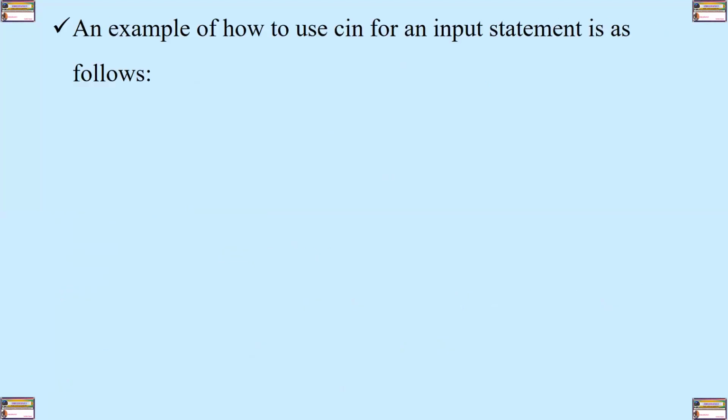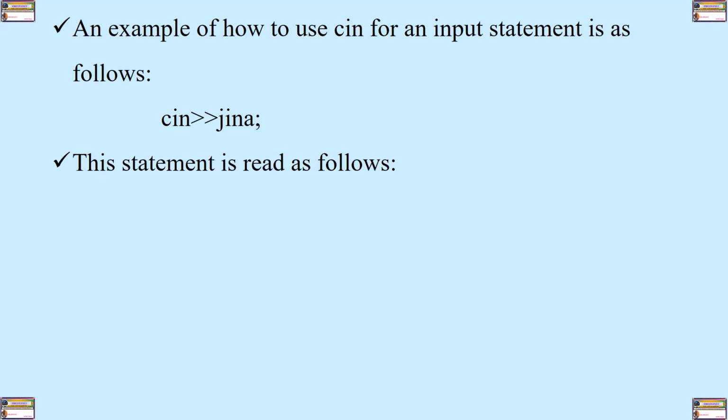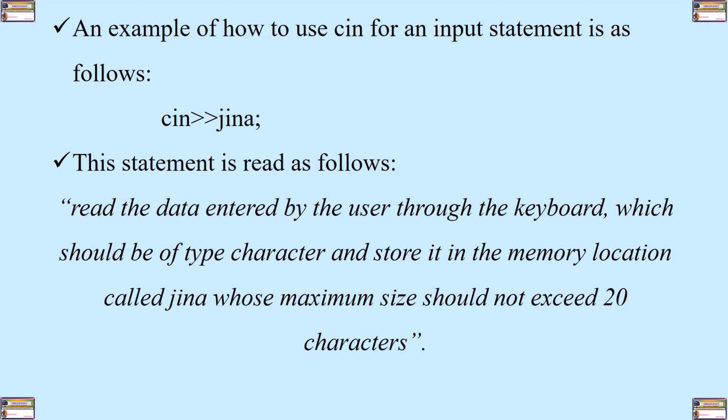An example of how to use cin for an input statement is as follows. Cin extraction operator, GINA, semicolon. Note, every cin statement must always be terminated with a semicolon. Now, this statement is read as follows.